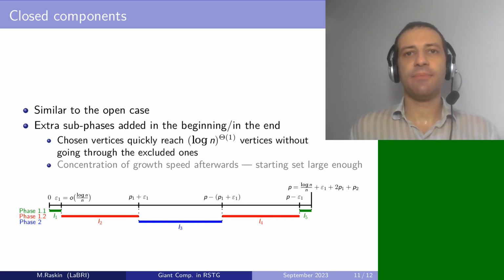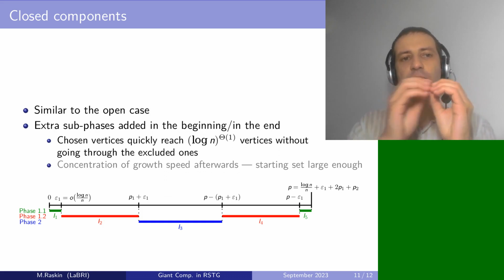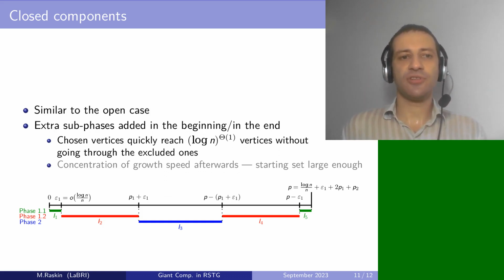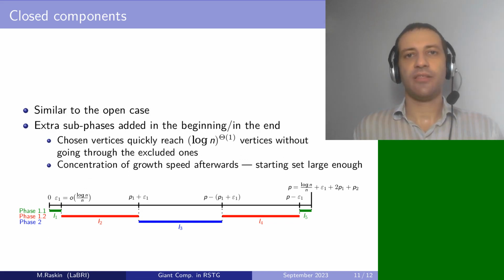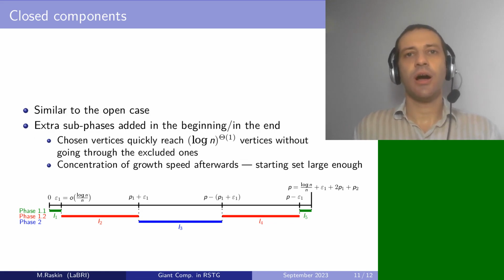However, in the very beginning and in the very end, we need a bit more edges and a bit more time. In these small subphases, a chosen vertex quickly reaches a polylogarithmic number of other vertices without going through the excluded ones. And once you are starting from a polylogarithmic number of vertices which are already reachable, the further growth has very good concentration.